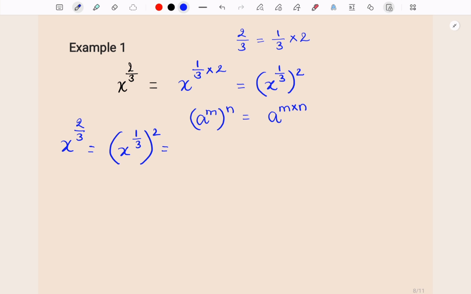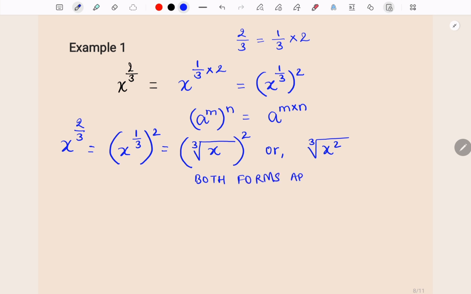So that is basically the cube root, and there is this squared present outside the bracket. Or I can write this as the cube root of x squared. Both forms are correct in examination. You can write this in both ways.